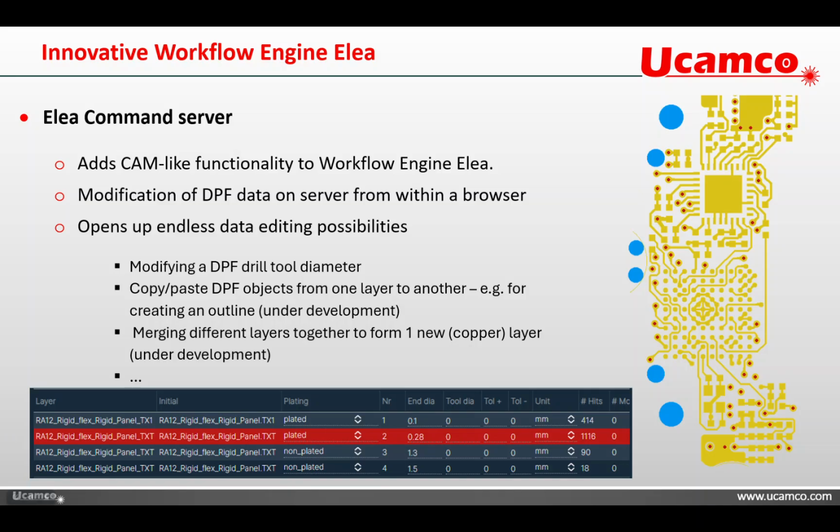So what happens, in the same way as what we were describing for the images, is that this module is going to capture commands that come from the browser, and it will somehow know that you want to change this 0.28 to 0.3, and it will apply this on the job that has been loaded on the server in memory. So all of this data never gets to your browser.